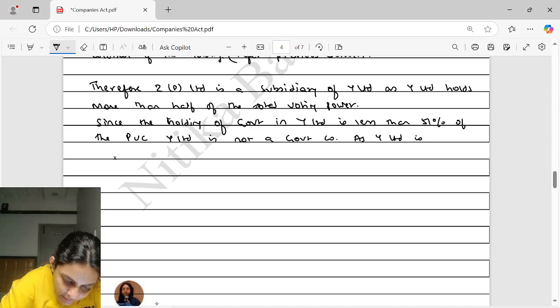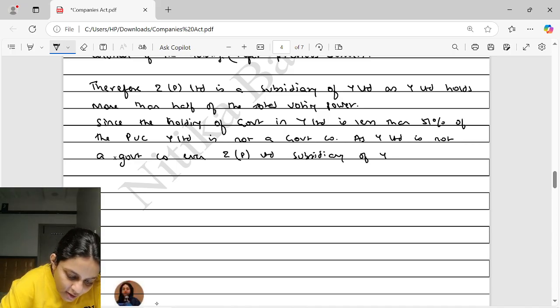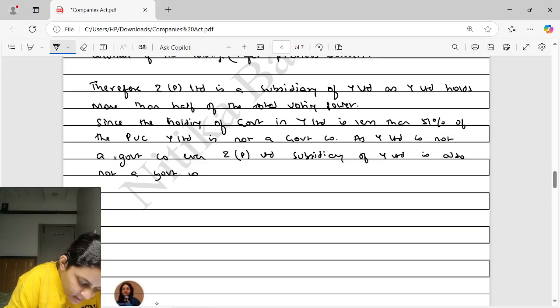As Y Limited is not a government company, even Z Private Limited, which is a subsidiary of Y Limited, is also not a government company.